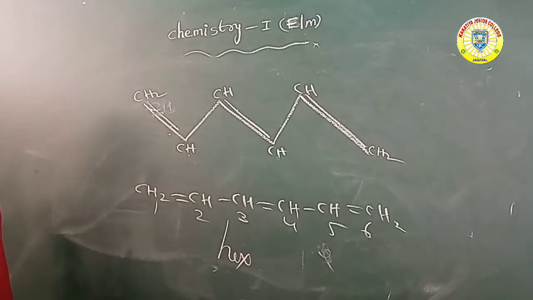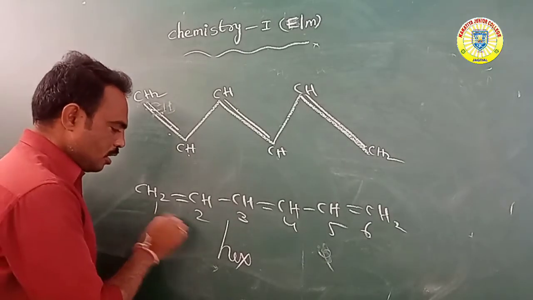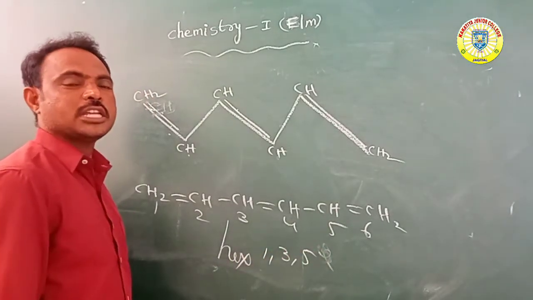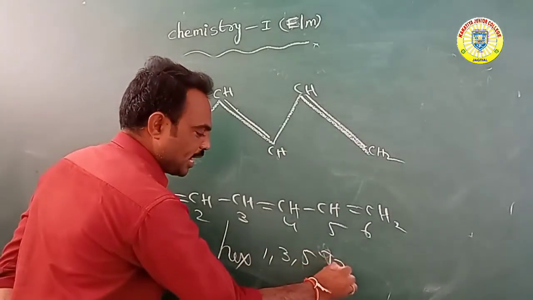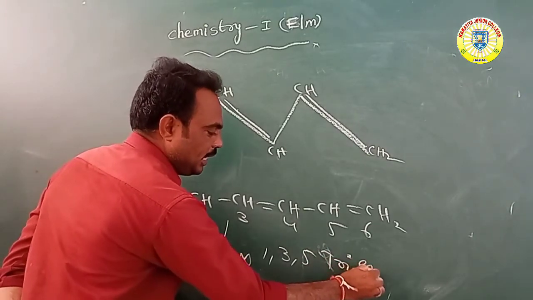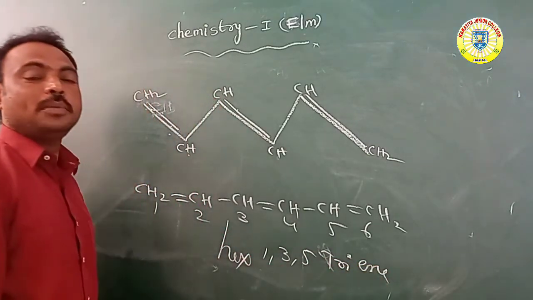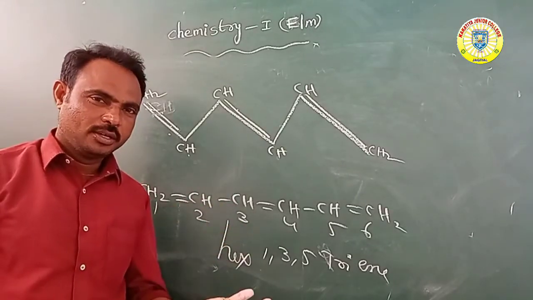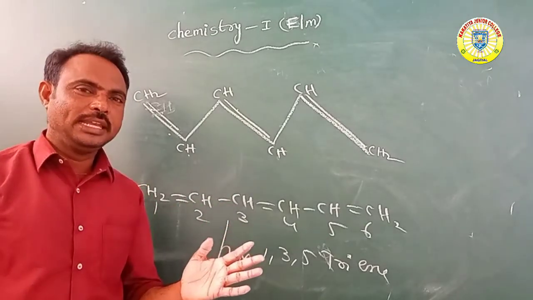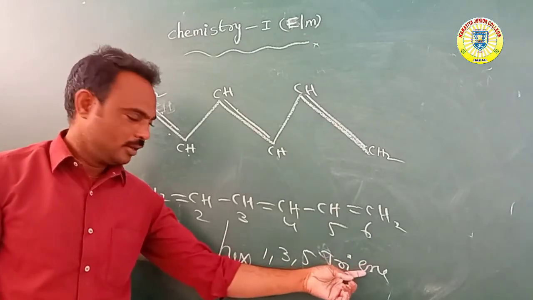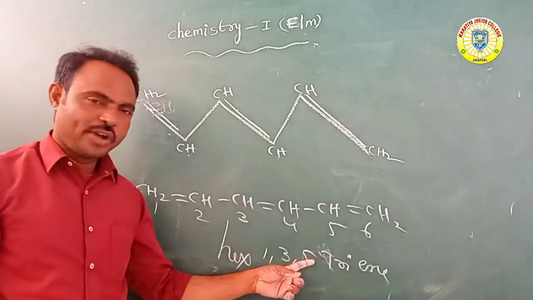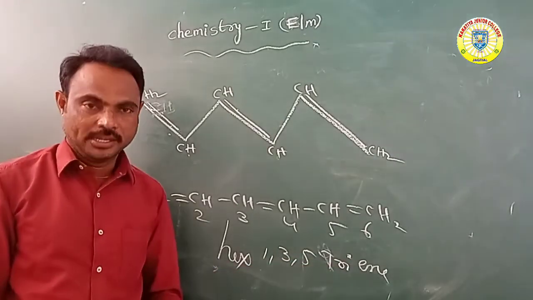Next, the first, third and fifth carbons are attached with a double bond, so we write tri-ene. Double bond means ene, total 3 double bonds, tri. So double bond means alkene: hex-1,3,5-triene.